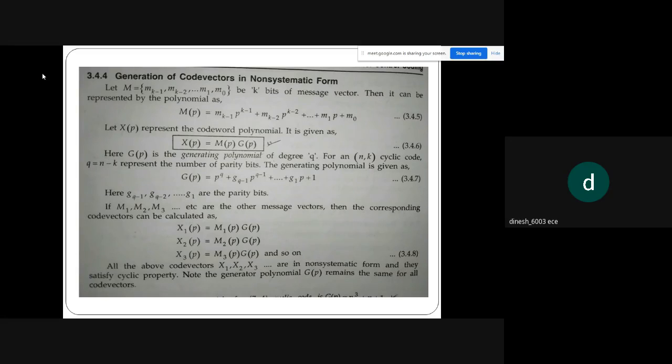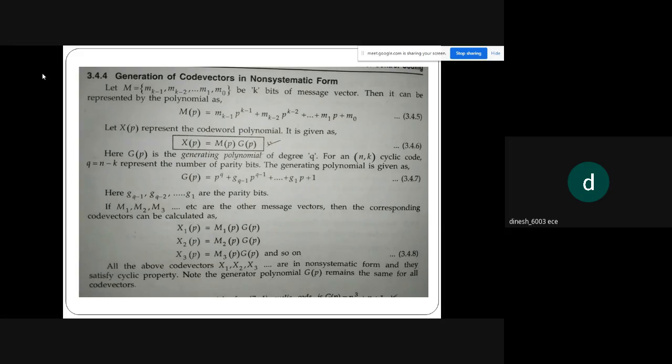Okay. So this can be represented in code vector also. Since x is always a combination of message and check bits, the check bits are written in the form of a generating polynomial, in this case in cyclic codes.